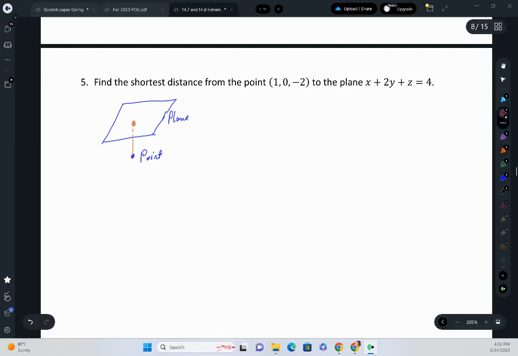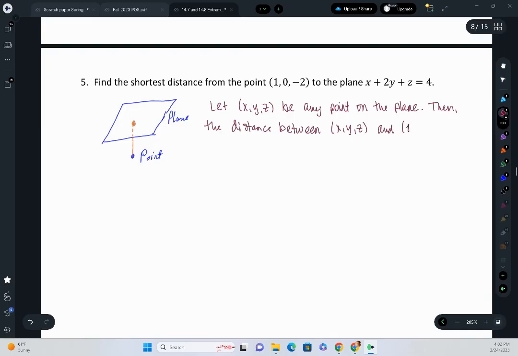Okay, so what we can do is we are going to let x, y, z be any point on the plane. Then the distance between x, y, z and 1, 0, negative 2 is, well, we'll just use our distance formula.